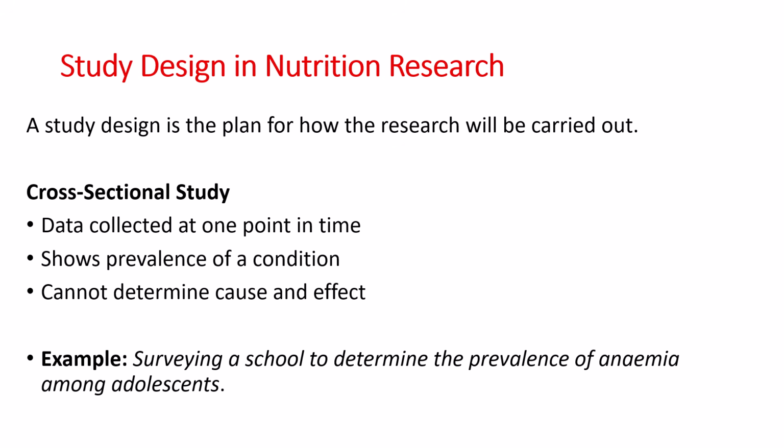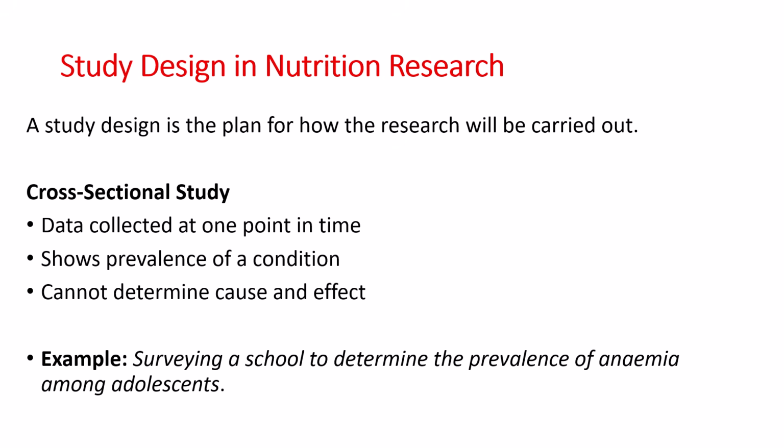We have different types. We have the cross-sectional study design, and for that, data are collected at a point in time, just at a point in time. You collect your data, you analyze it, and this data can show prevalence of a condition, but it cannot determine the cause or effect.